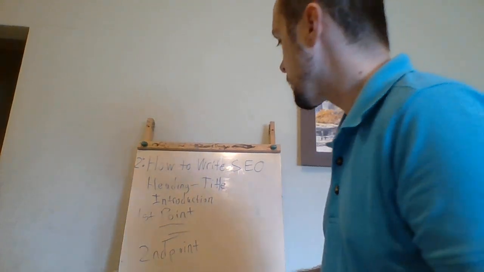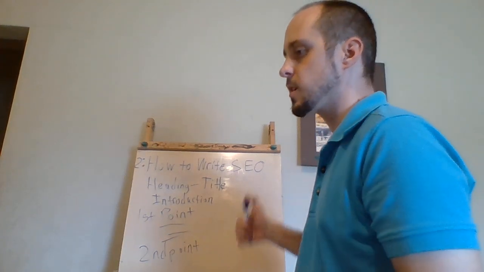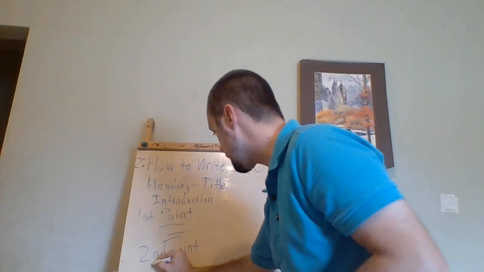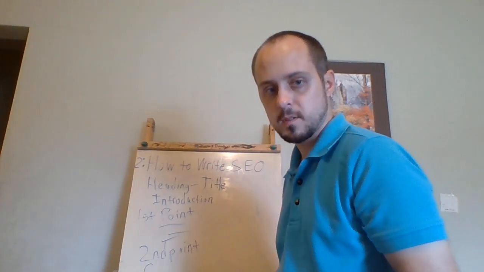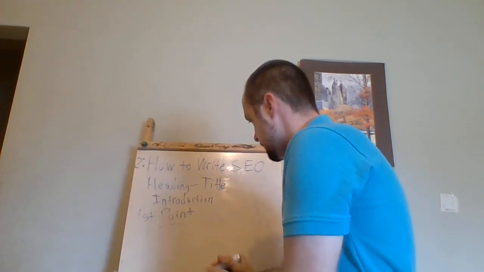All right, so you have your points, you have paragraphs in between your points, and you have a conclusion at the end. Does that show up? That doesn't really show up on the camera. All right, we're going to write conclusion here.